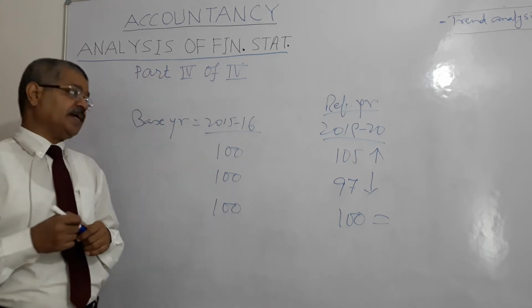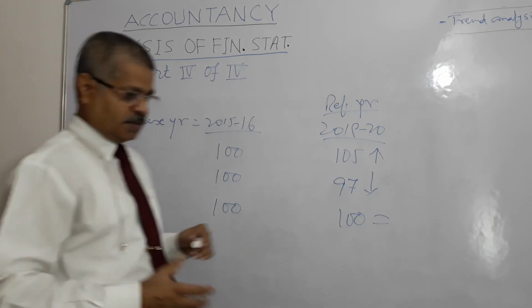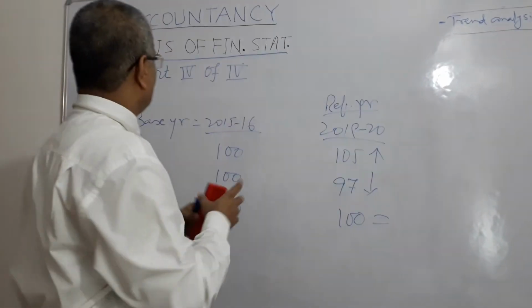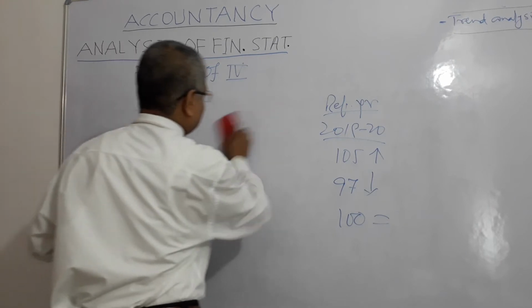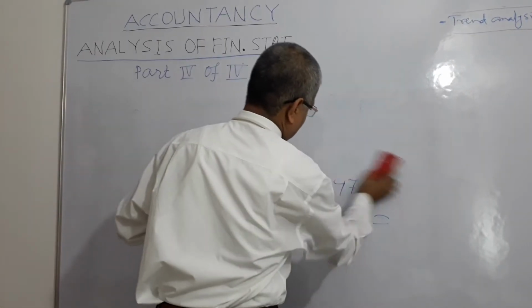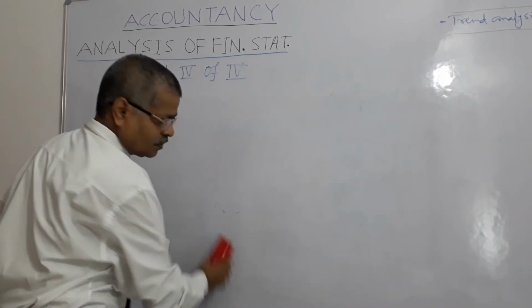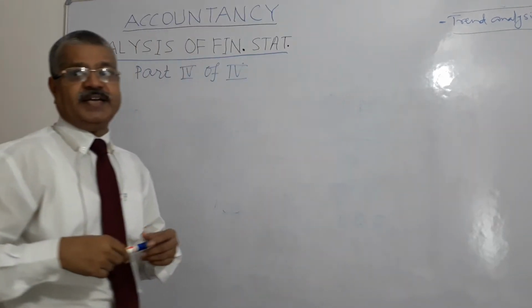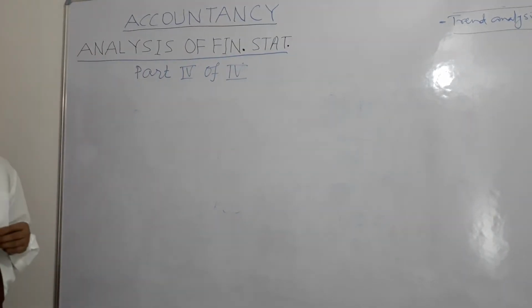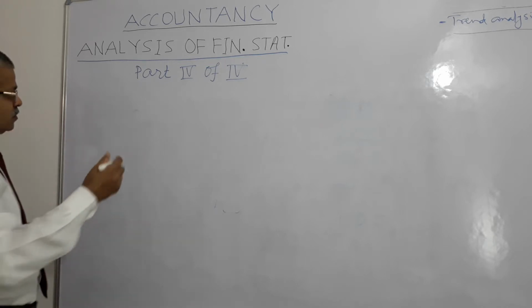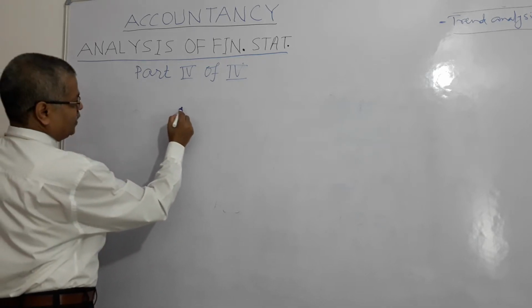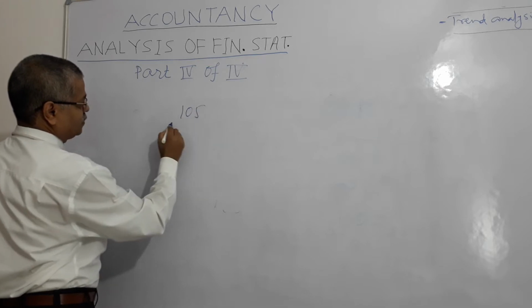And how do we arrive at the trend percentage? It's very simple. Suppose we are talking of 2019-20. So 2019-20 will be called the present year value. What was the present year value? 105.